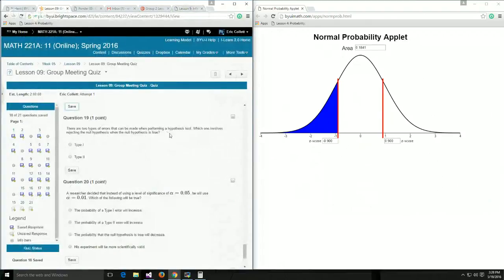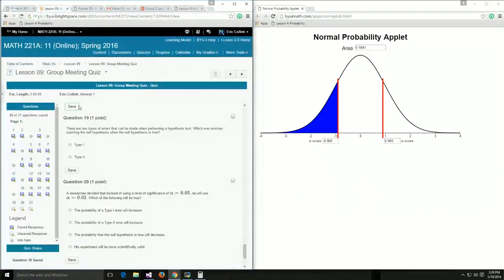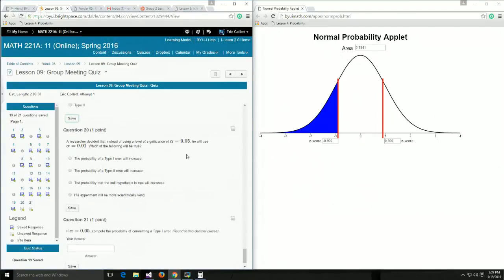So this one's talking about the two errors. Which one involves rejecting the null hypothesis when the null hypothesis is true? So if the null hypothesis is true, then you reject it, that's a Type I error.